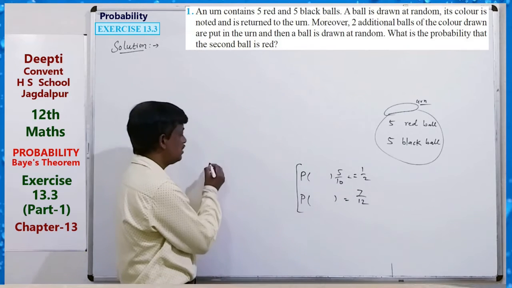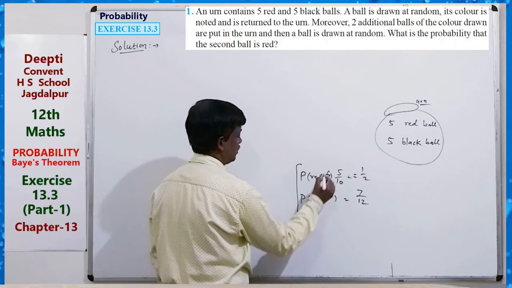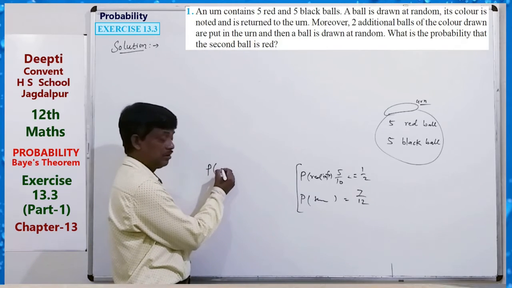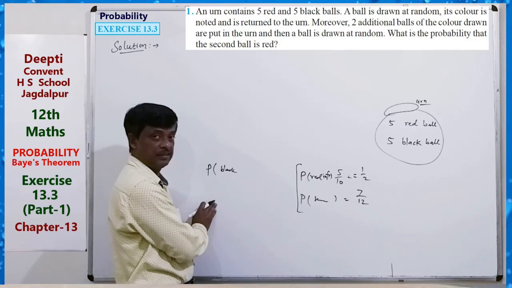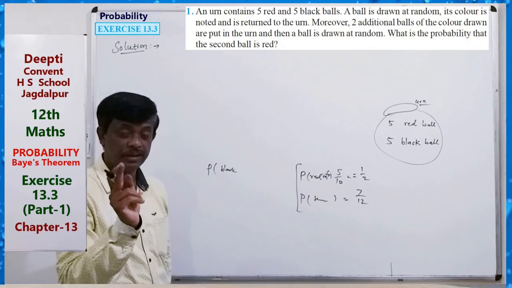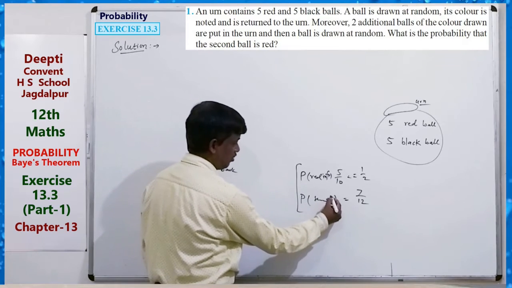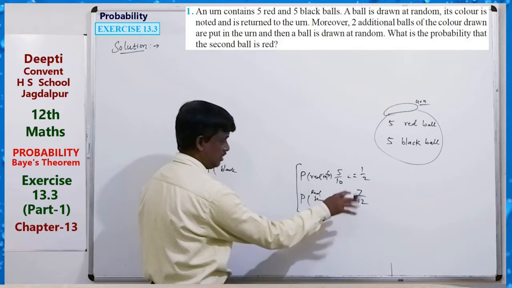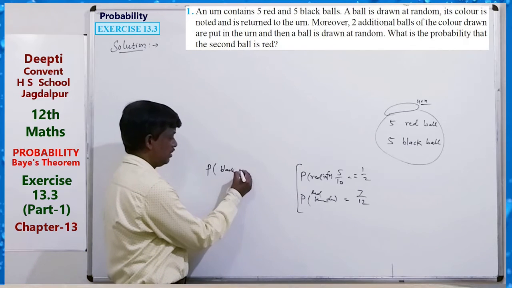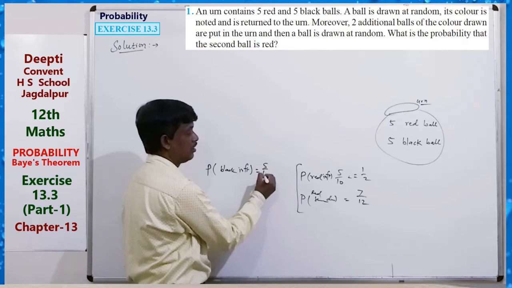If the first ball is black, we have to find the probability of getting a red ball in the second draw. Black in the first draw is 5 by 10, 1 by 2.